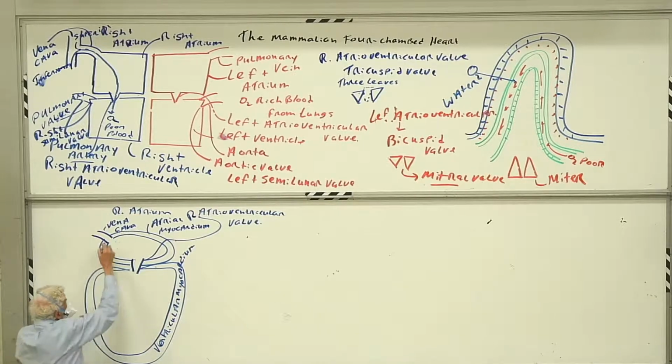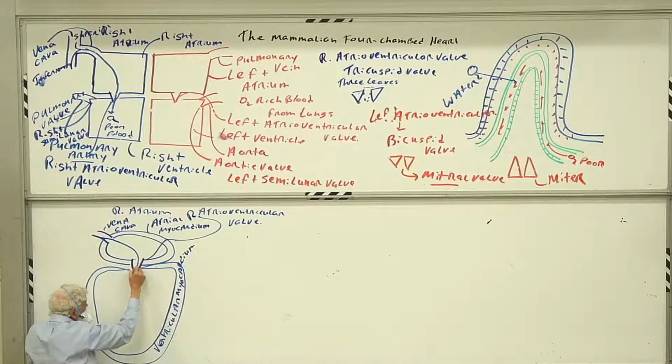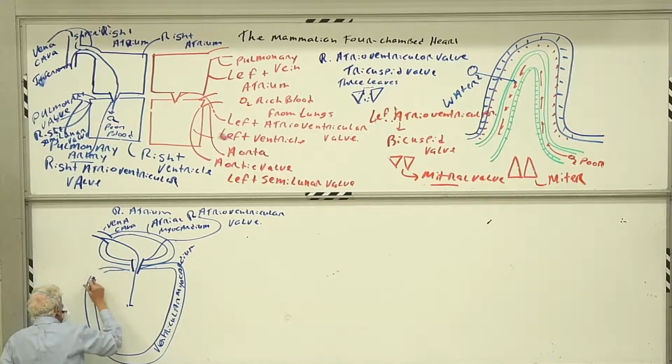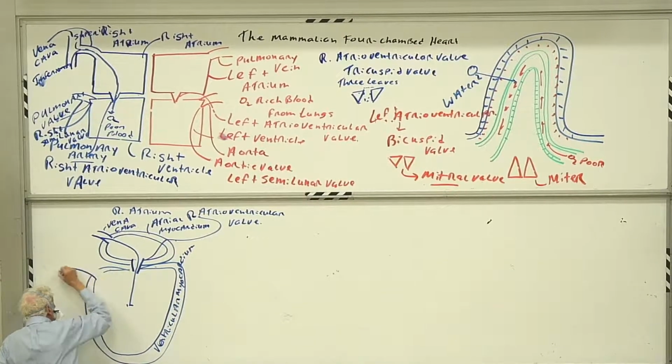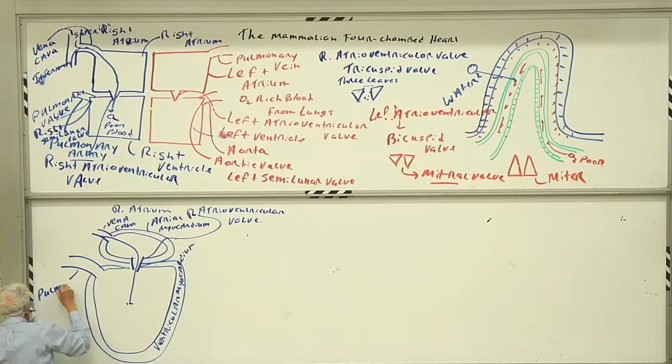The blood flow is going to be just as we showed. Comes in. We'll see later this is a low pressure. There's not very much pressure on this. Flows across those atrioventricular valves and into the ventricle. Then the output from the right ventricle is this structure here, which is the pulmonary artery.